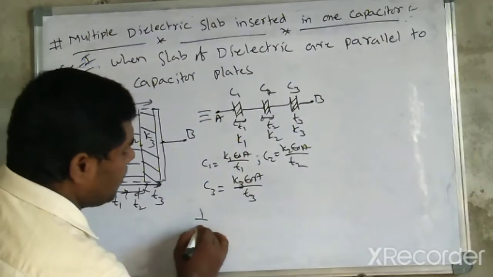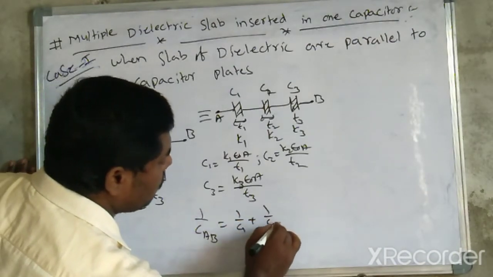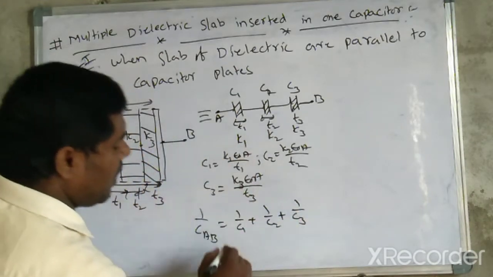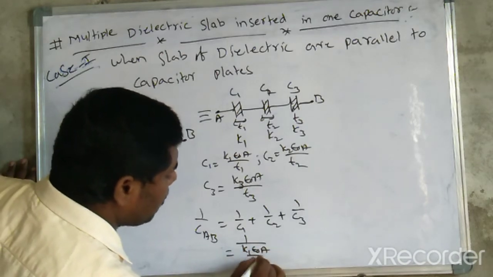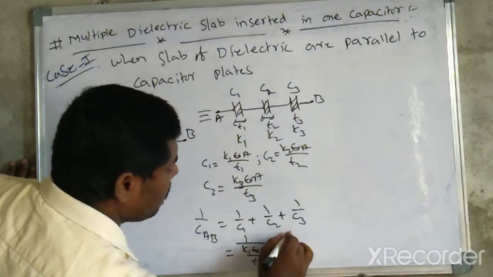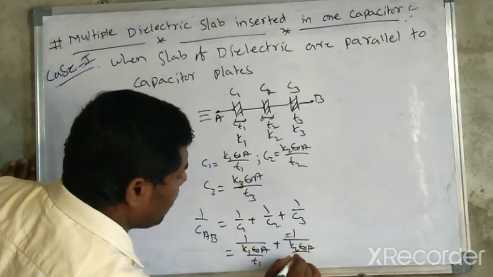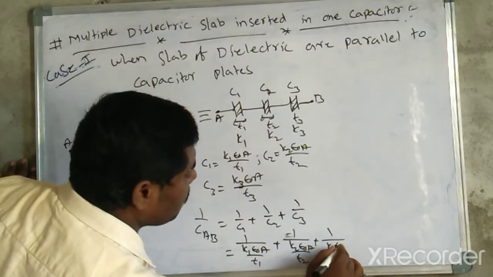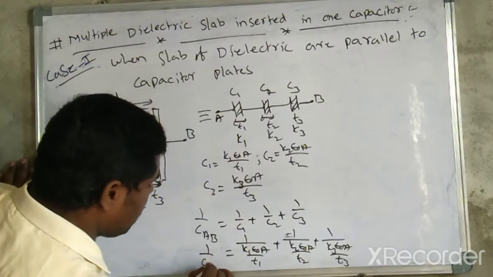Substituting these values, 1 by CAB is equal to T1 divided by K1 epsilon naught A, plus T2 divided by K2 epsilon naught A, plus T3 divided by K3 epsilon naught A.